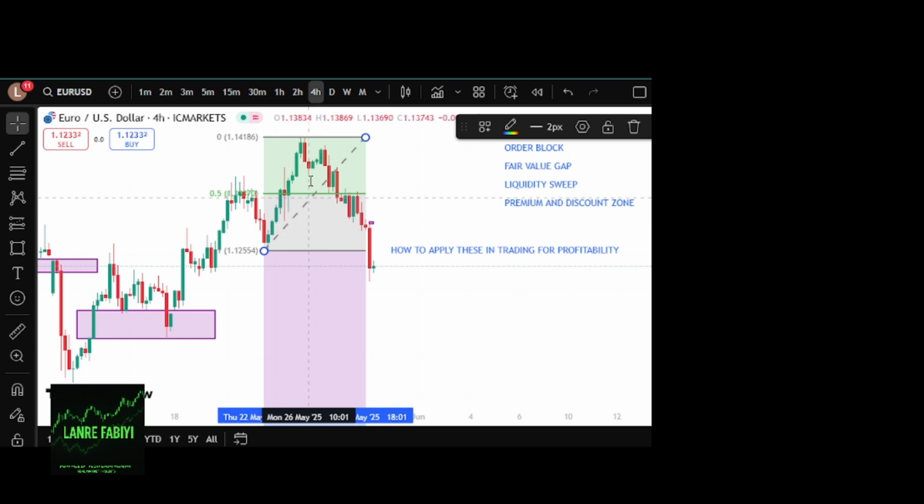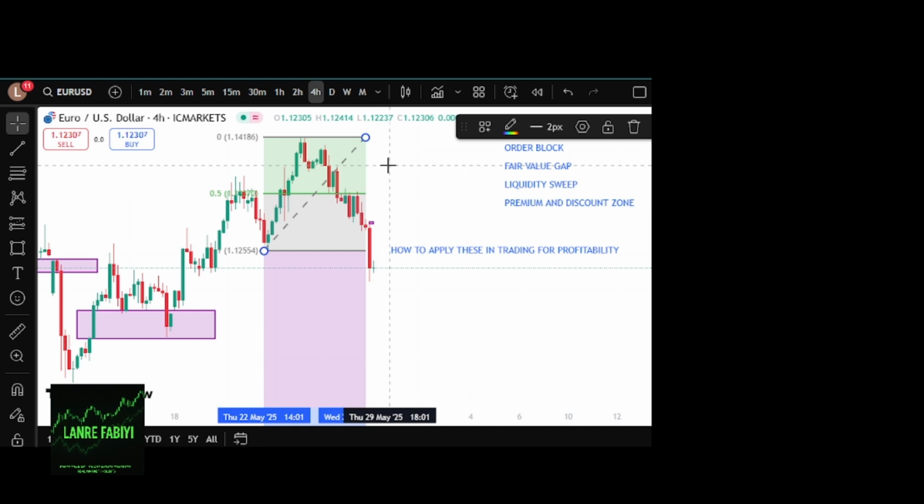At discount. When you want to sell, you look out for what? A sell opportunity at premium. That is telling you to use the premium zone to look for sell opportunities, while you look for the discount zone to look for buy opportunities.